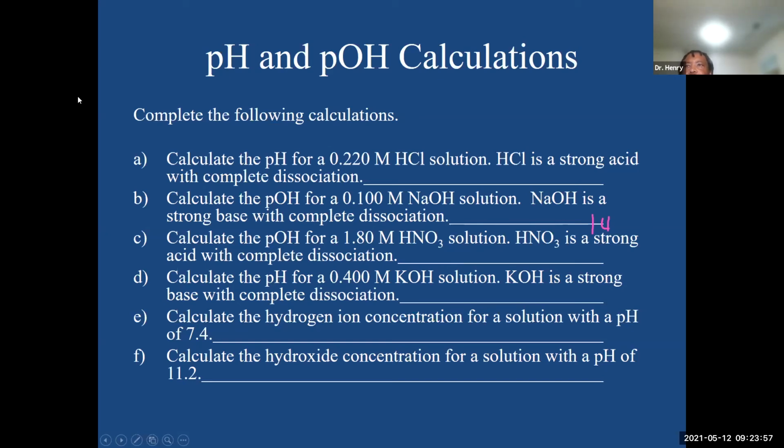Complete the following calculations. Calculate the pH for 0.20 molar HCl solution. HCl is a strong acid that will completely dissociate. So you take the negative log of your molarity. So negative log of 0.20 molar.